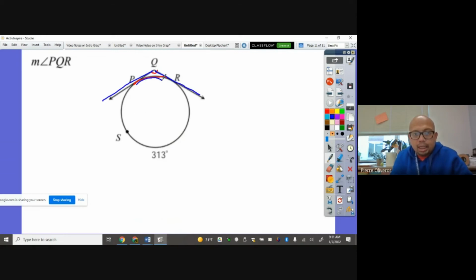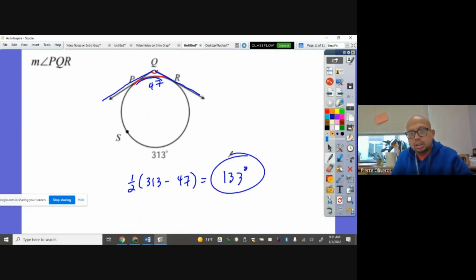So for me to get that one, the entire circle is 360. So 360 minus 313 first, that's going to be 47. So that will give me 47 there. So half of 313 minus 47 is equal to, so 313 minus 47 divided by 2, the answer is 133 degrees. Kaboom.